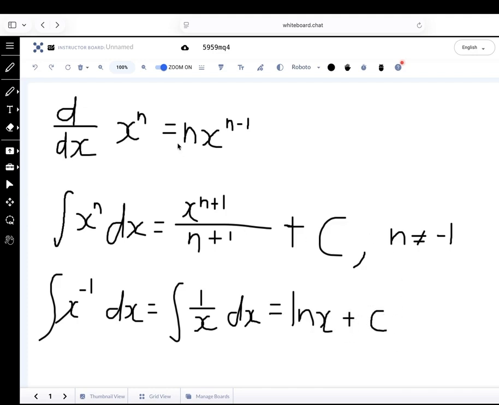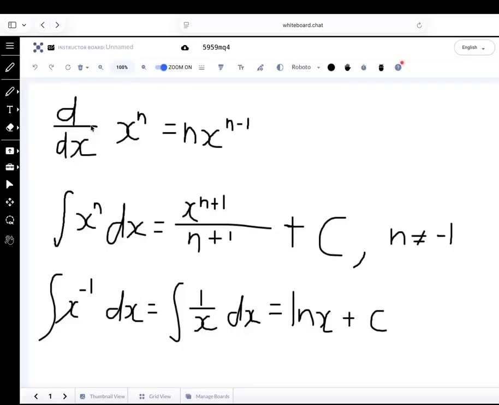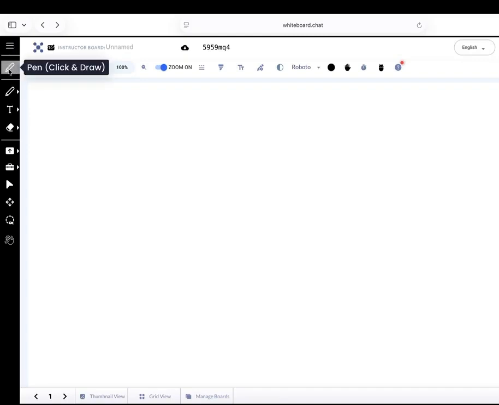Now, let's look at a few practice problems. Let me just delete everything on the board real quick to make some space. And let's look at the first example. Let's say we want to find the antiderivative of x to the 7th power. Well, this is really simple.